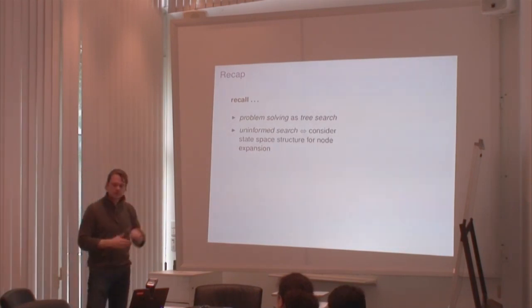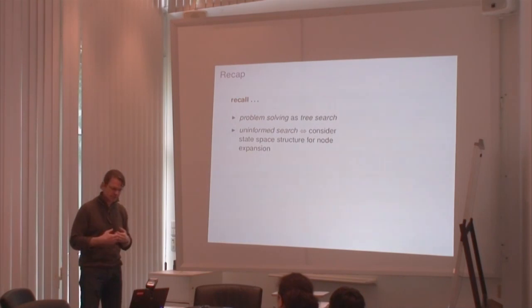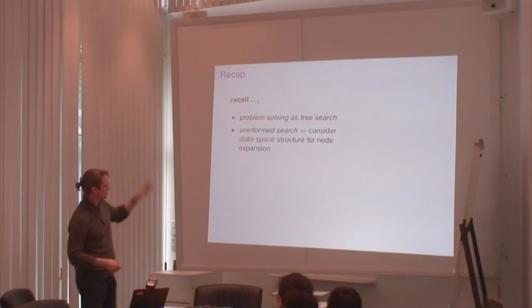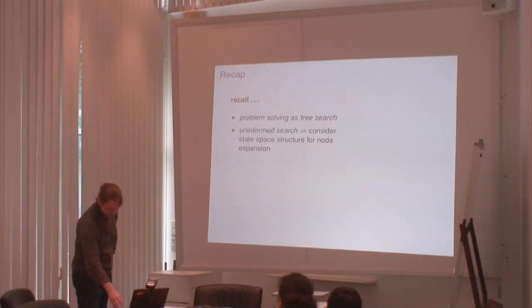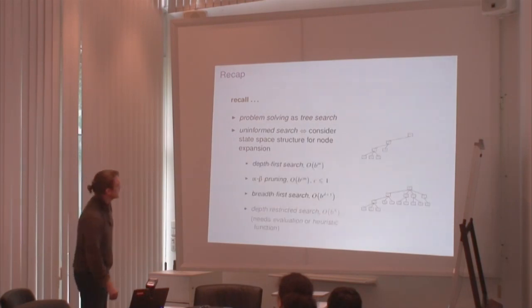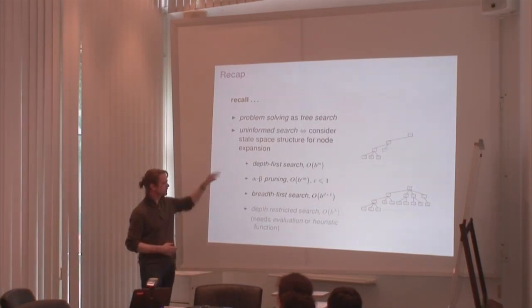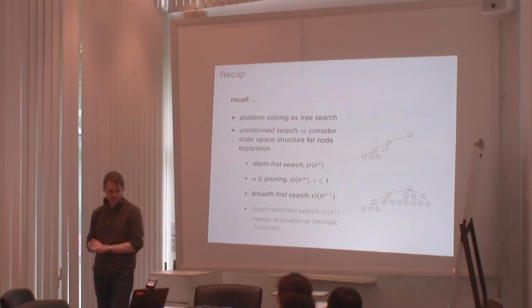And whenever we are dealing with problems that we can, in a sense, reduce to a state space representation, we saw that we can use tree search algorithms in order to solve problems that have to do with these kinds of structures. And the classical tree search algorithms we studied so far were the idea of depth-first search.